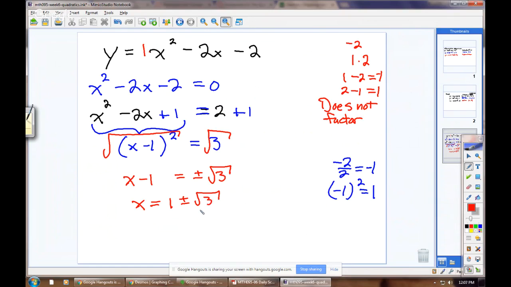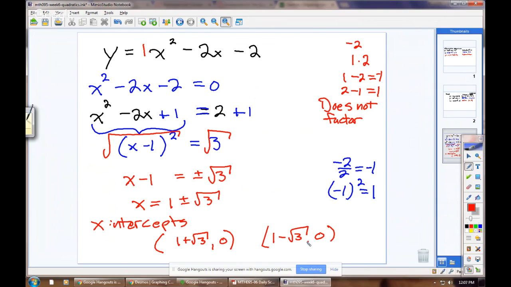So that means for the x-intercepts here, I get the point 1 plus the square root of 3, comma 0. And I get the point 1 minus the square root of 3, comma 0. And we can double check what that is about. So let's go to our calculator and get approximations here.